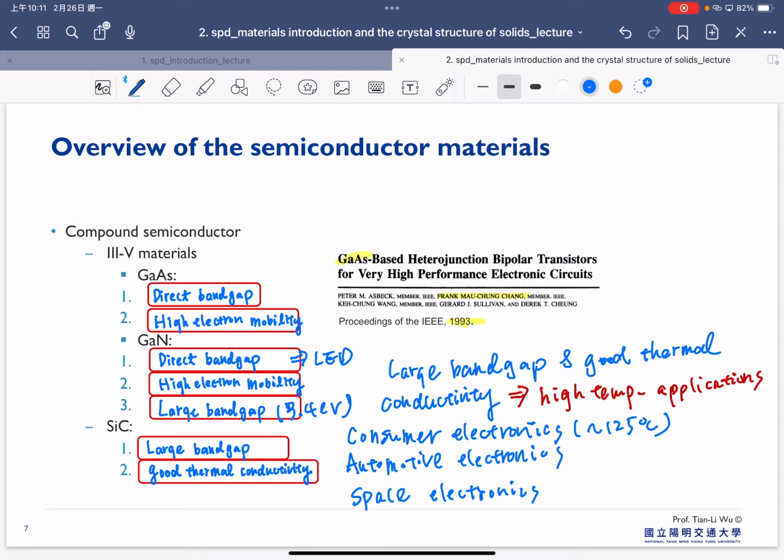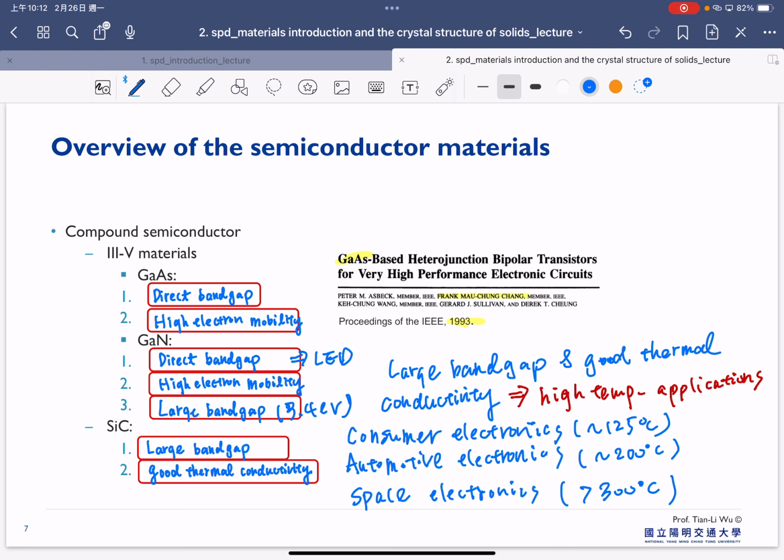But that's a different spec for automotive. For automotive, we have to put a very high standard on reliability, and therefore these electronics need to survive at least around 200 Celsius. And for space, that's a completely different scenario. As you know, space has very extreme temperature environments. Some planets have temperatures beyond 300 Celsius.